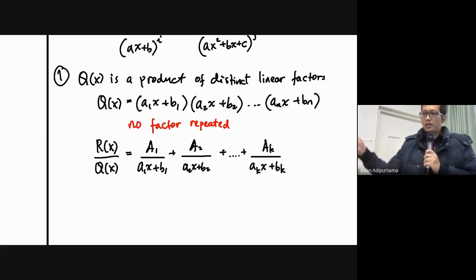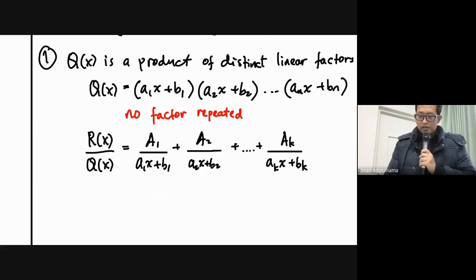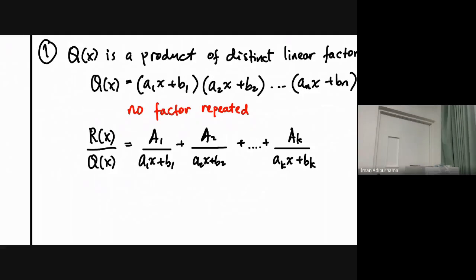This is actually what we did in the previous section. Every term in the bottom is not a repeated factor, meaning they are different: a1 is not equal to a2 and not equal to a3, and so forth.